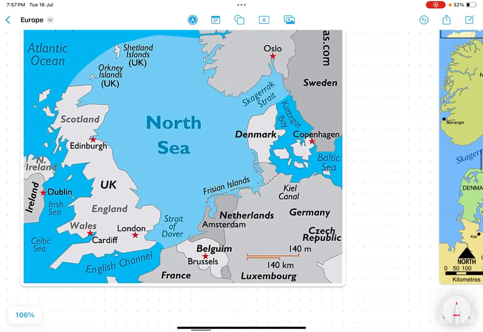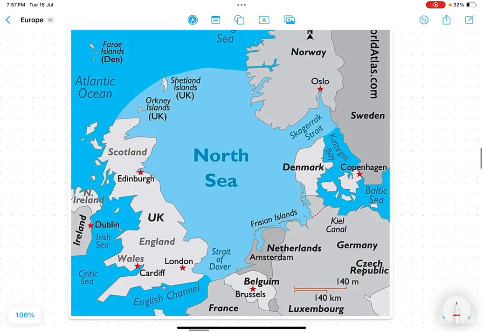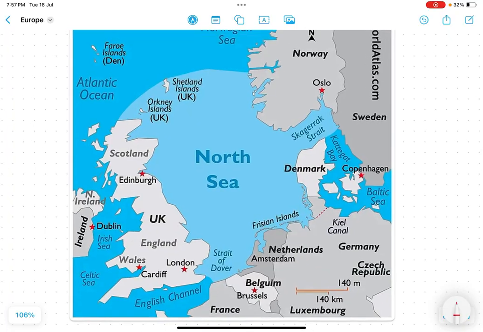Next we have North Sea. As you can see, North Sea. This region and this region, this is the shortest region, is called Strait of Dover. This is called Zagreb Strait. This is called Kattegat Bay.